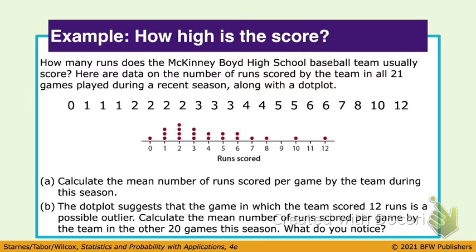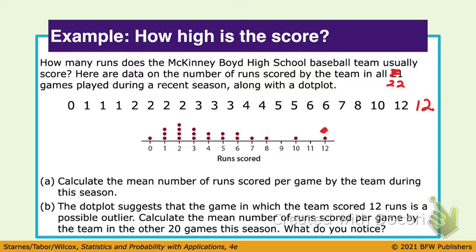Are you talking about when we found the mean? If there were 2 dots on the 12, there would have been 22 observations, right?